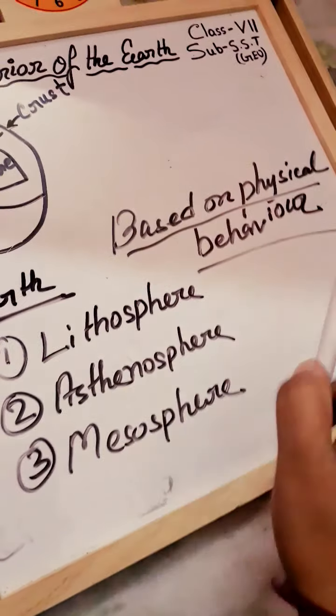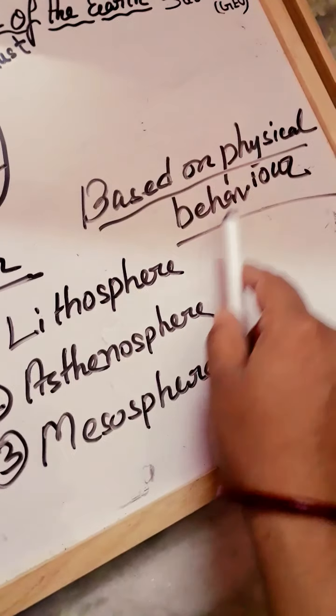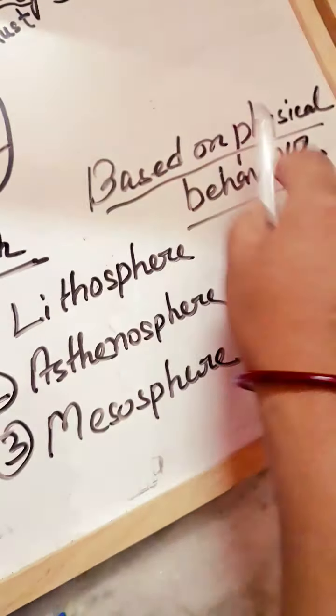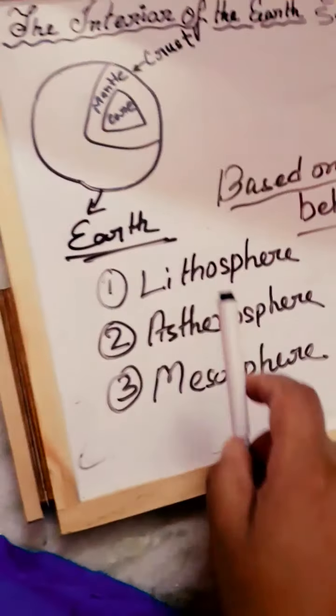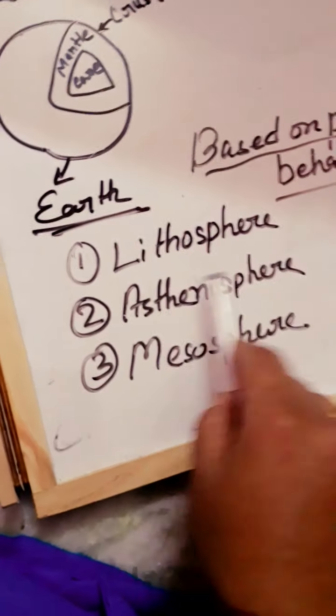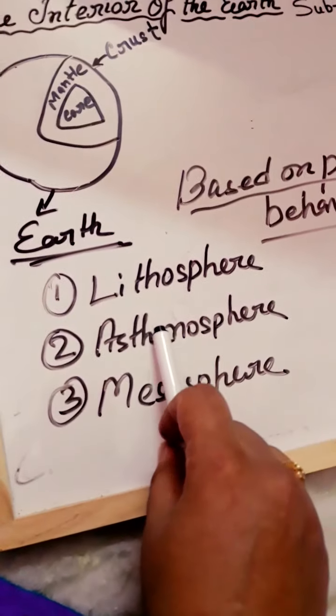So based on the moving capacity, that is known as physical characteristics. Based on that moving capacity or physical behavior, our earth's layer is divided into 3 main layers: lithosphere, asthenosphere and mesosphere.